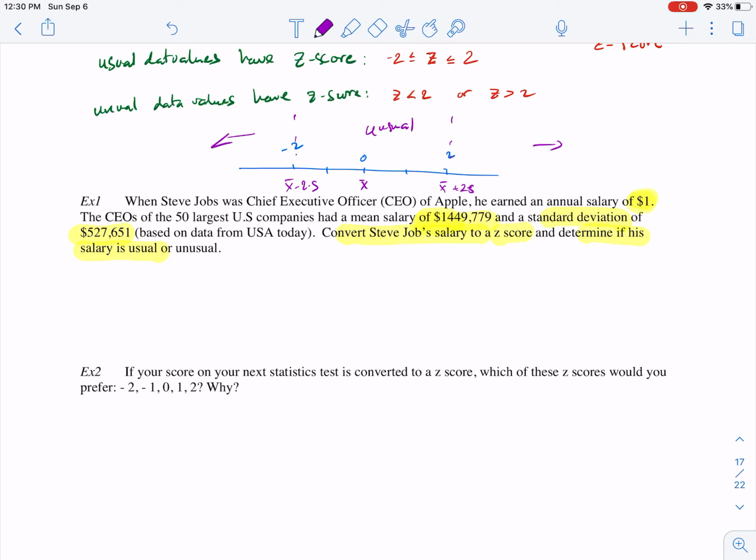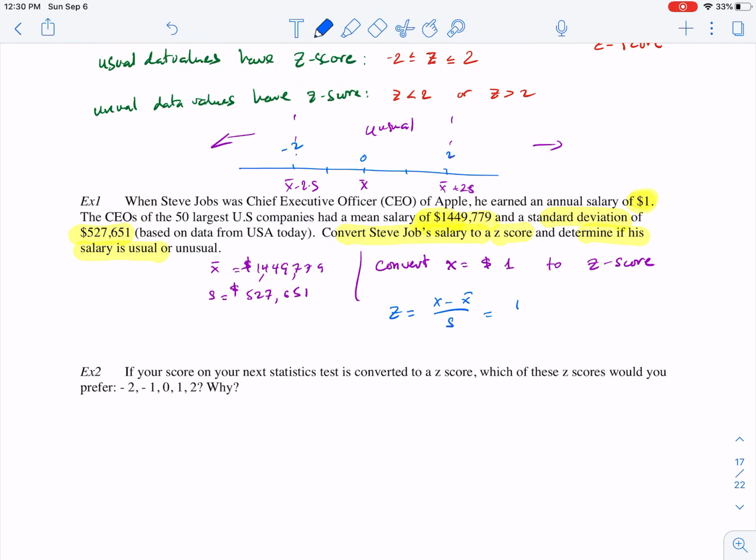So let's convert. Given x bar equals 1,449,779 and the standard deviation s equals 527,651. Notice I'm using the sample notation because it's referring to the top 50 company CEOs. Now convert X equal to $1 to a Z-score. Z equals x minus x bar over s.